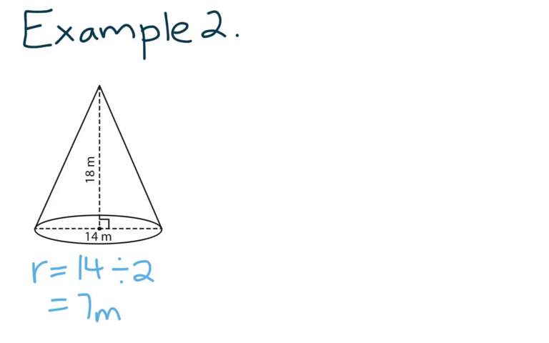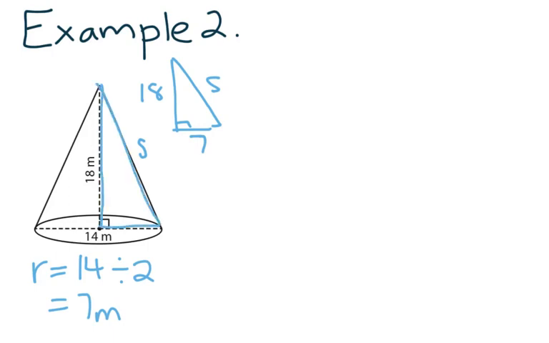We also don't have a figure for the slant height, but we have a right angled triangle where, so we've got, I'll draw the triangle for you. We've got that right angled triangle. We don't know S. We've got 18 on this side and 7 because we're just looking at this right angled triangle here.